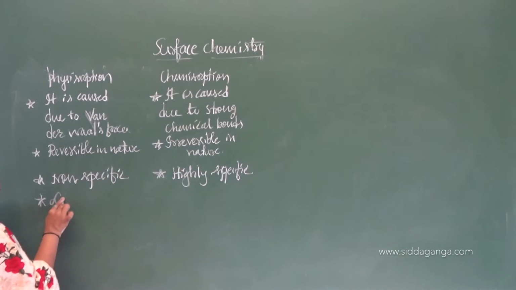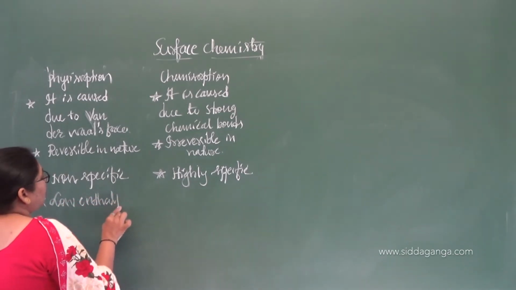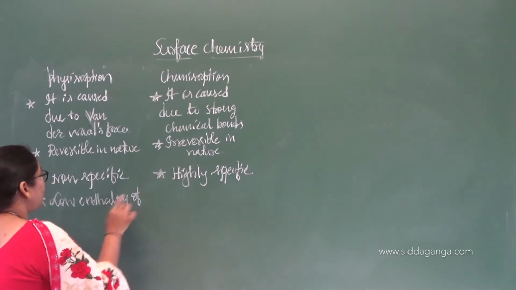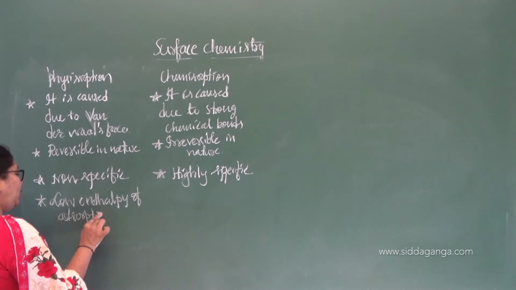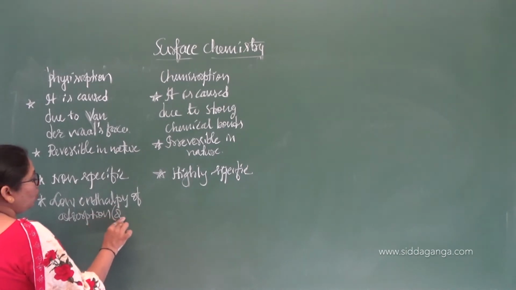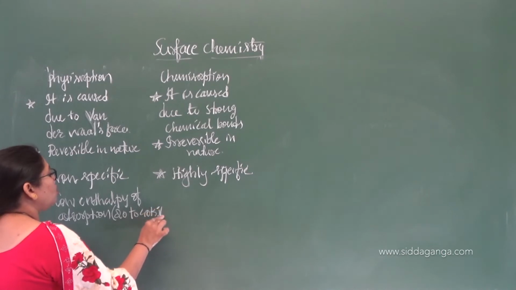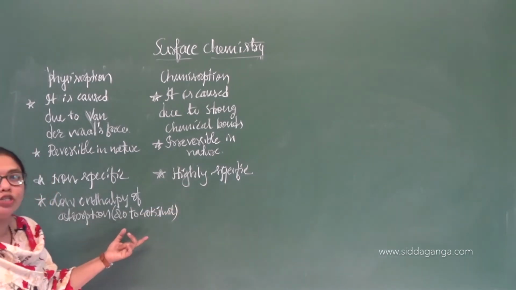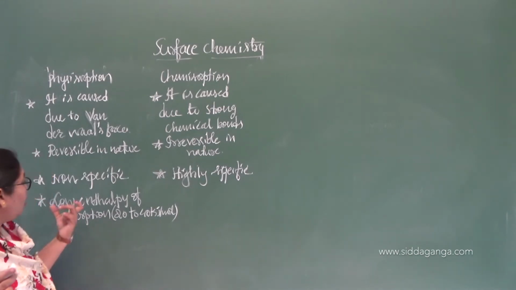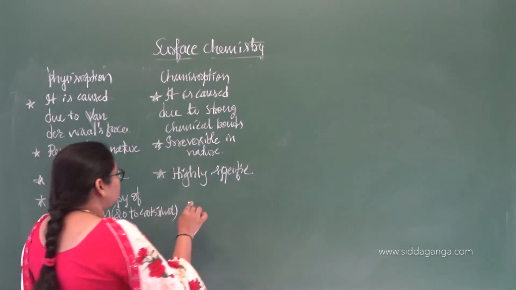Thereby, you can have that one: low enthalpy of adsorption. Yes, children, what is the value? 22 to 40 kilojoules per mole. Very good. That is very low enthalpy of adsorption.